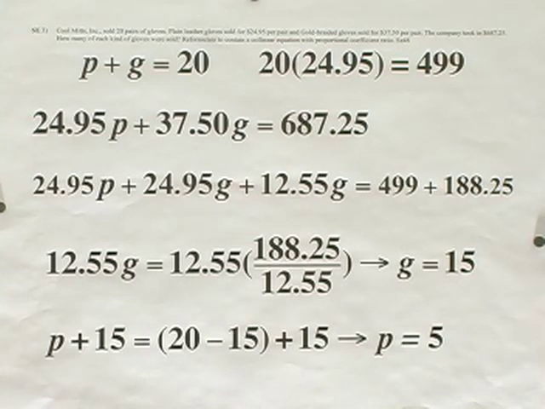Now this is proportional. 1 to 24.95, 1 to 24.95, 20 to 499 is 1 to 24.95. If I graph this equation and this one, this term and this term, the two graphs would coincide.